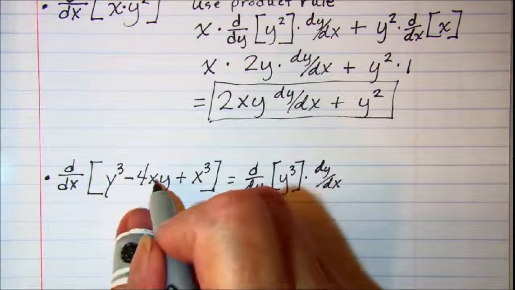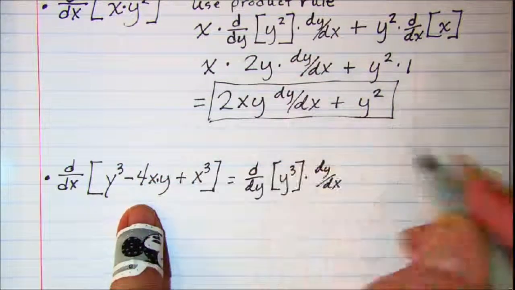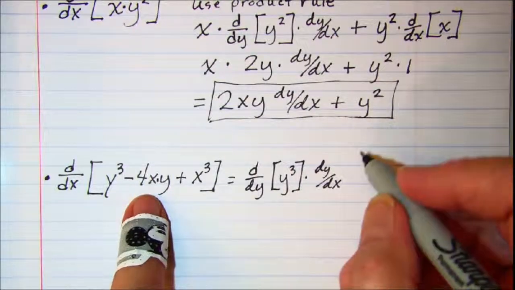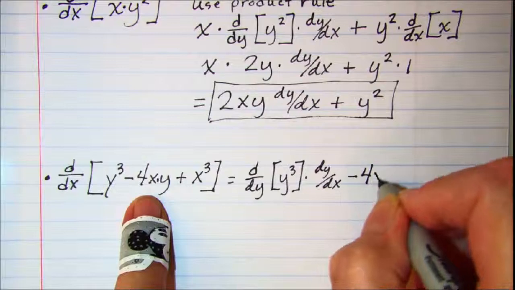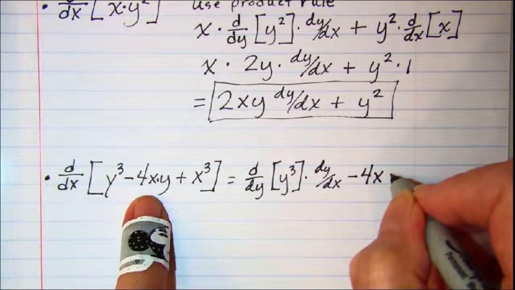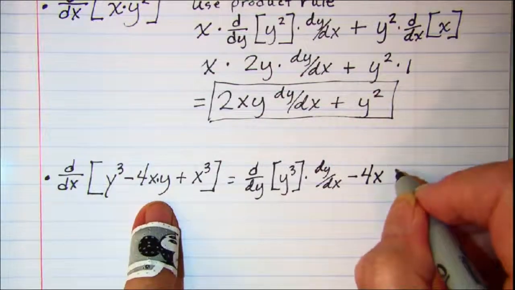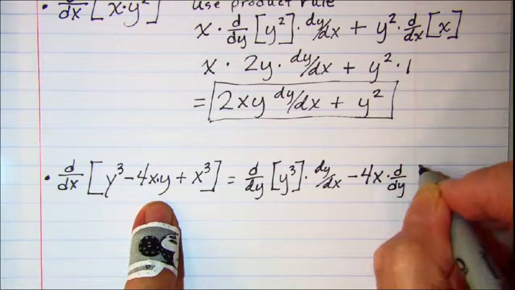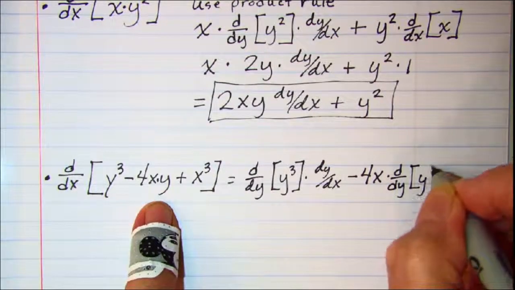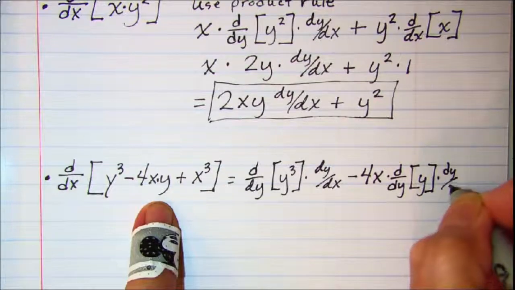Here we have a product, so we need to use the product rule. So the first factor is negative 4x multiplied by the derivative of the second factor, which is y. So we have the derivative with respect to y of y multiplied by dy dx.